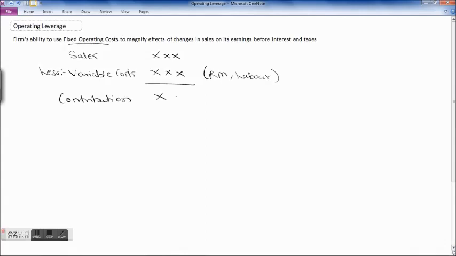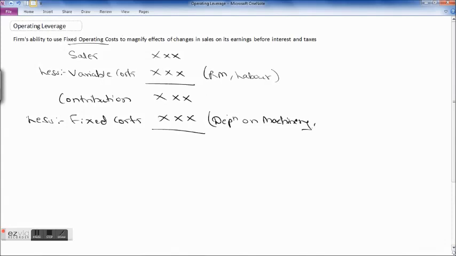Contribution, then less your fixed cost. What are fixed costs? Fixed costs are those costs which are incurred irrespective of the number of units produced. Some examples of fixed cost may be depreciation on machinery.